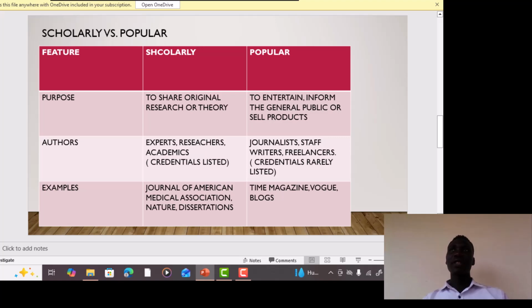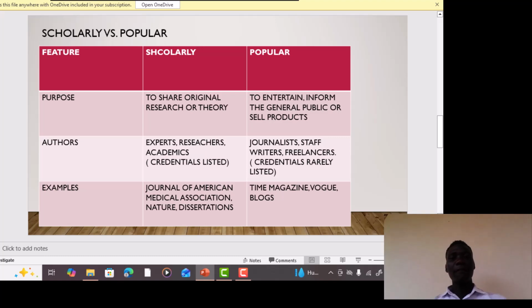They write on their own behalf, then they publish and make money from it. The difference between a freelancer and staff writers is that staff writers are employed to work for an organization, but a freelancer does his work on his own and is self-employed.